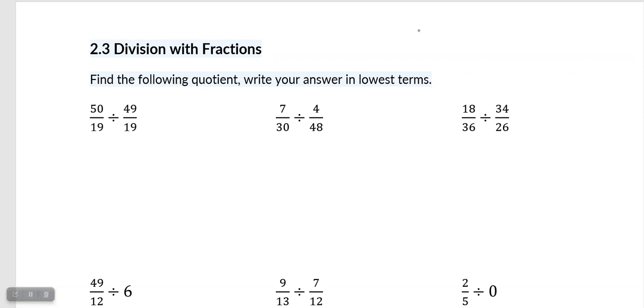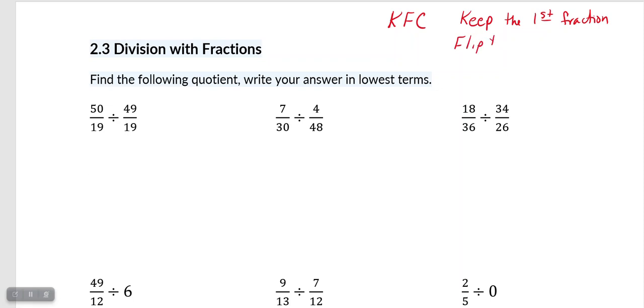So one of the methods that I use is called KFC, just like Kentucky Fried Chicken. That's what I think of when I say KFC. The K stands for keep. So I'm going to keep the first fraction just like it is. The F is flip.